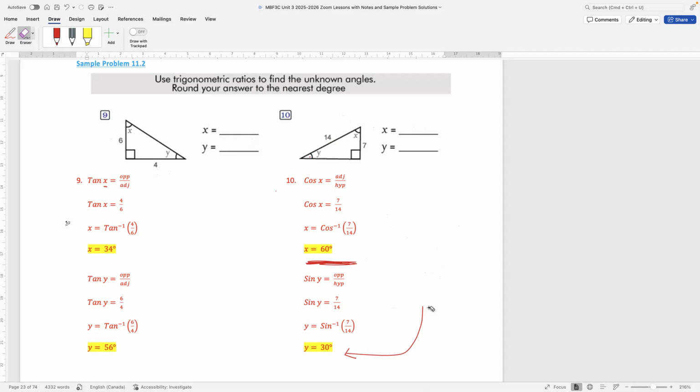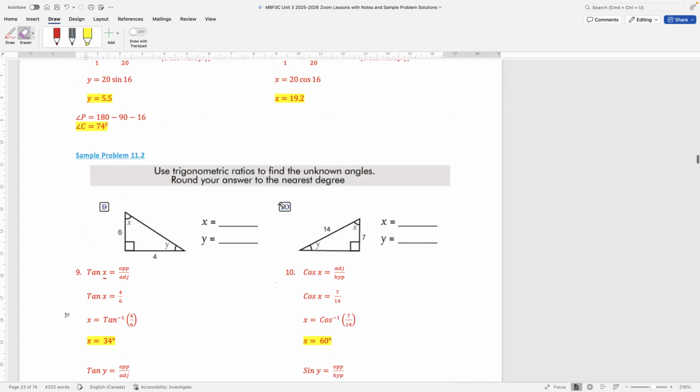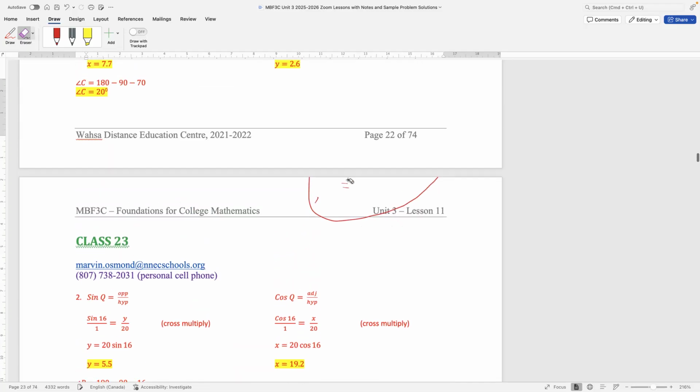So find the missing sides, missing angles. Now, when we use geometry, we couldn't find the missing angles unless we knew at least two of them. You could solve for the third one. But if you didn't know any of the angles, then using geometry, you can't solve for the other two angles. But using trigonometry, you sure can.